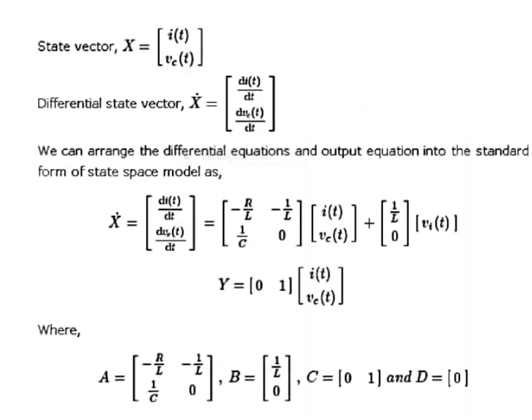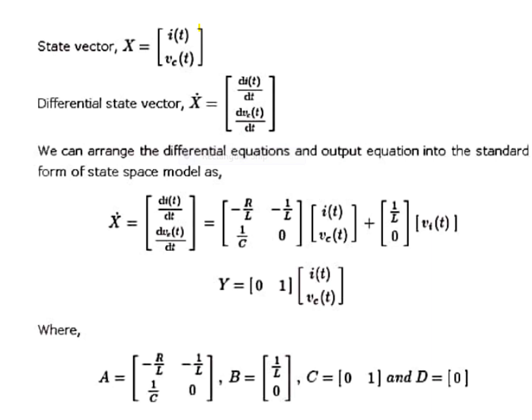From that, the state vector x consists of two state variables: I of t, which is x1 of t, and Vc of t, which is x2 of t. And from that, the differential state vector is x dot of t, which is just the differentiation of these two.